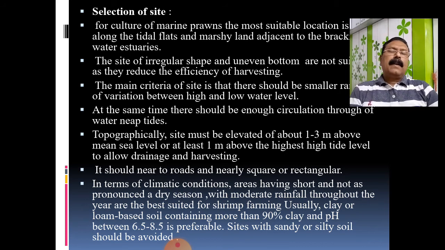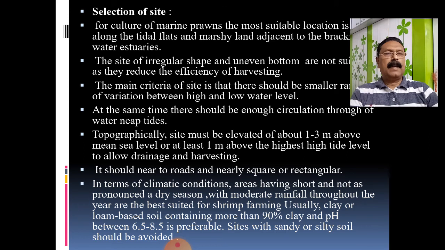The next point is that it should be near road lines, and it should be square or rectangular. See here, I am giving the reference of fish culture. Fish farms are generally located near water resources such as rivers, lakes, reservoirs. In the case of prawn culture, it is near the beach, near the coastal line, near the brackish water estuary.